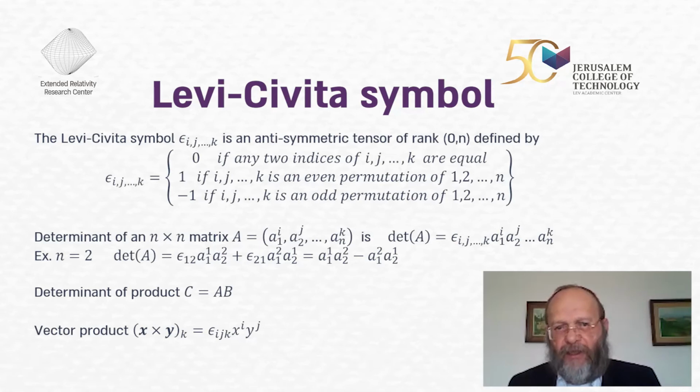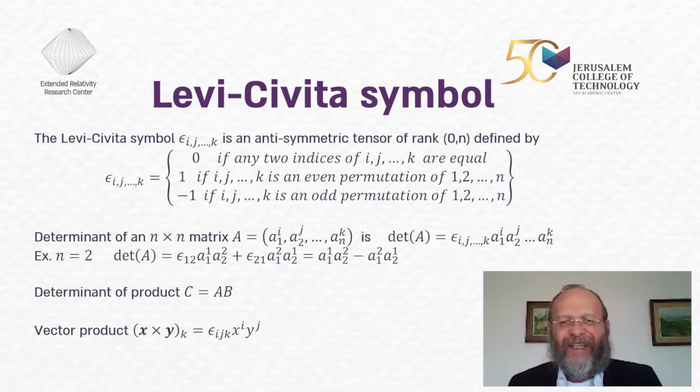So this one is 1, and you get A1,1 A2,2. Minus, because this is an odd permutation, the product of the other diagonal elements. It's worthwhile to do it once with n equals 3 to see that it gives you the right formula of the determinant. A very nice formula, a way to teach the determinant much easier than in a regular course of linear algebra.